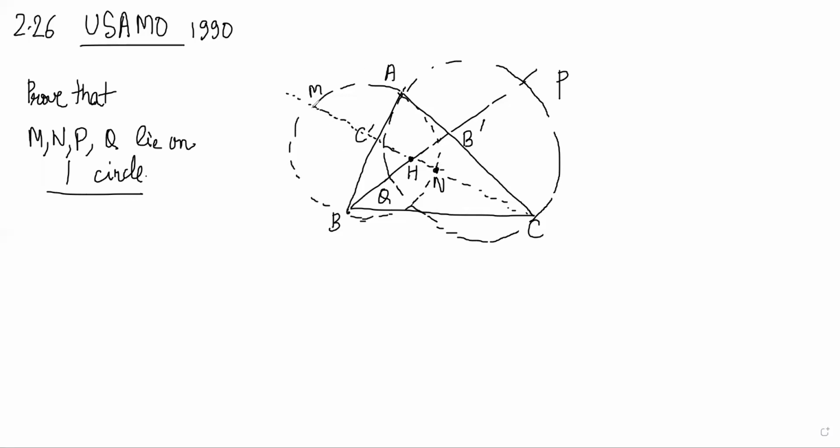One is N and M, and one is Q and P, right? We have to prove that M, N, P, Q is cyclic, or they lie on one circle.